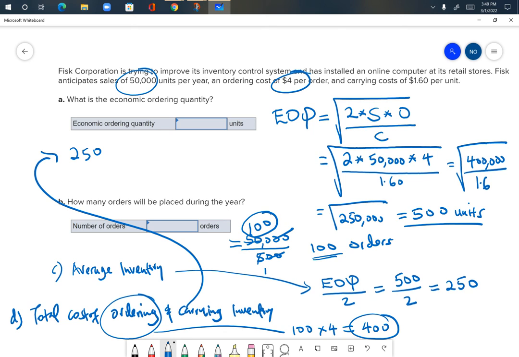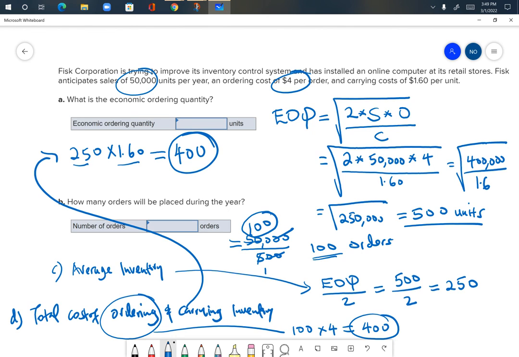Multiplying 250 by 160, if you do so, you get this to be 400.